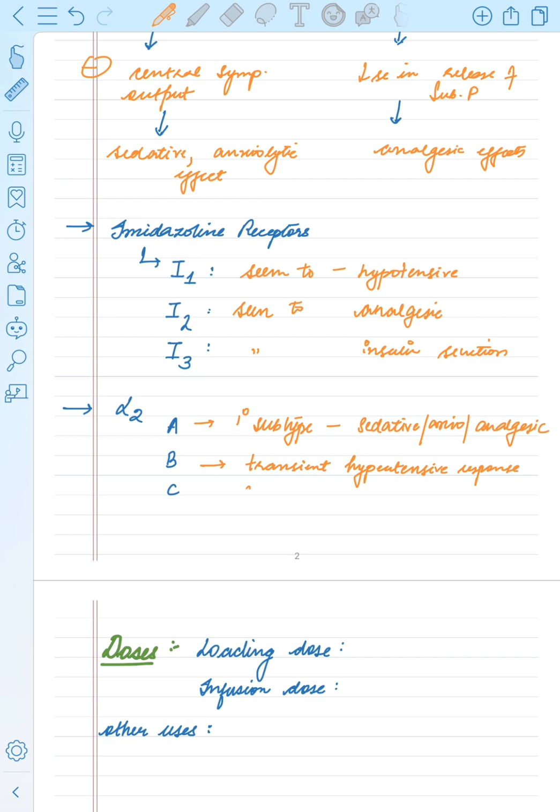Coming to the dosing, the loading dose is 0.5 to 1 mics per kg, followed by an infusion dose of 0.2 to 0.7 mics per kg per minute.